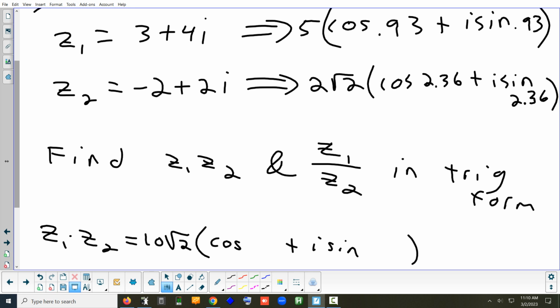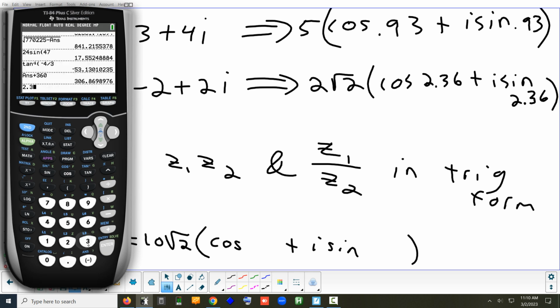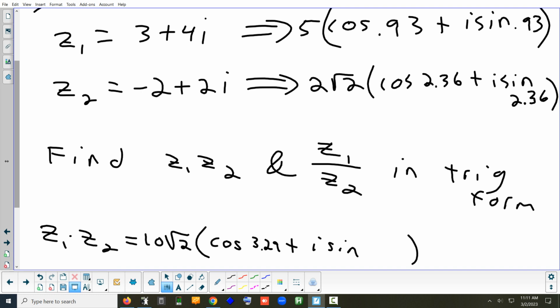And how do I get my new angle from my old angles? Add 2.36 plus 0.93. So that gives me 3.29. And that's it. That's in radians, because there is no degree symbol on this angle.